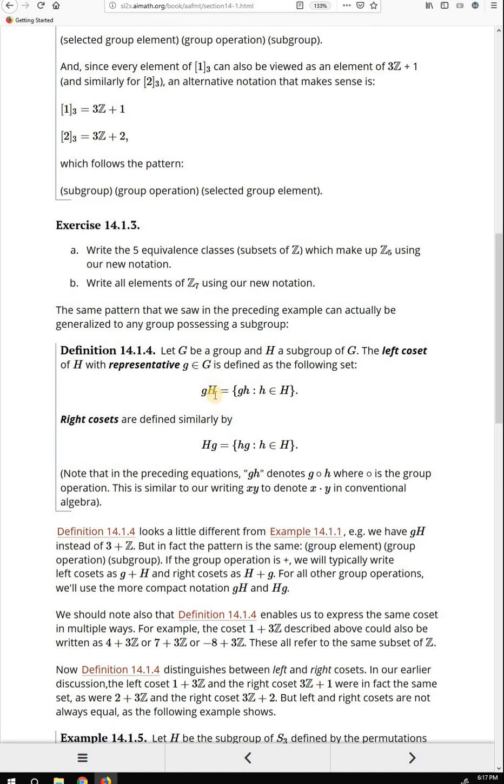So gH corresponds to 1 plus 3Z, where g corresponds to the 1 and the big H corresponds to the subgroup. If you have a multiplicative group, instead of taking one element and adding it to every entry in the subgroup, you would take one element and multiply it by every entry in the subgroup. We'll see examples of that.